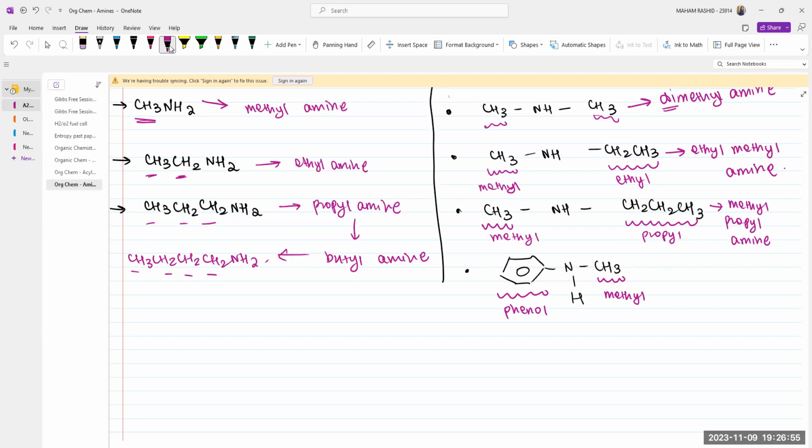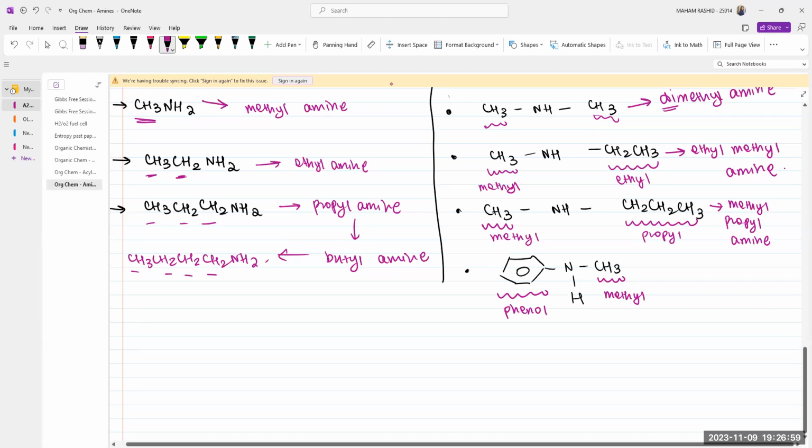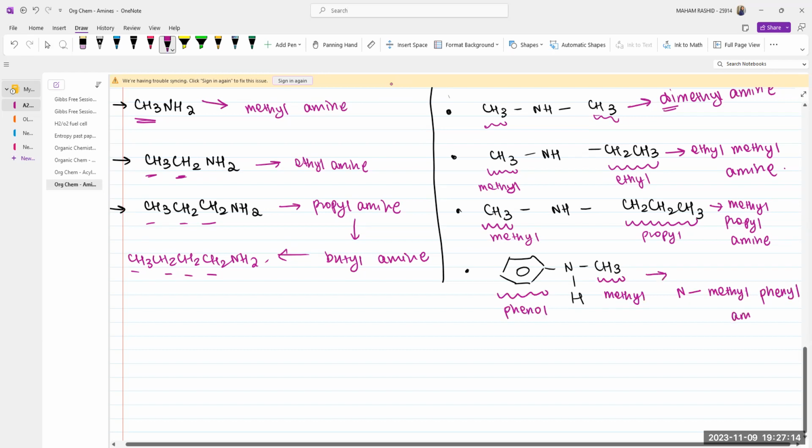Okay, so when you have a phenol ring, what you need to add extra in the name is an N. So how you're going to write this is N-methylphenylamine. And this N here represents this N, right?